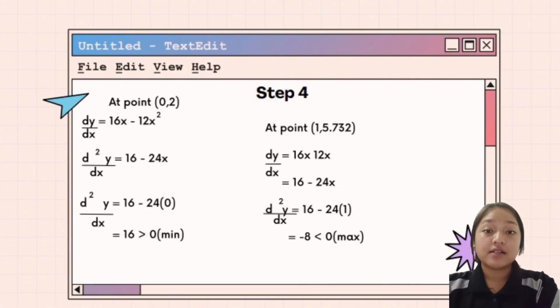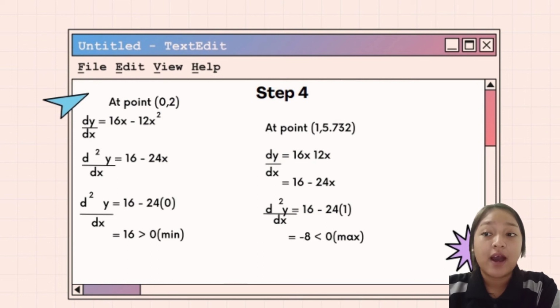Thank you, Nathaniel. So now I want to explain step 4. In step 4, I want to explain the point in bracket 0 and 2. First, dy over dx equals 60x minus 12x squared. D square y over dx equals 60 minus 24x.